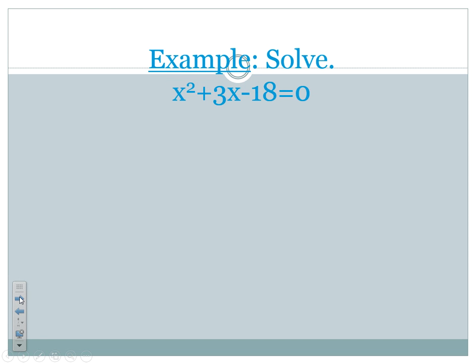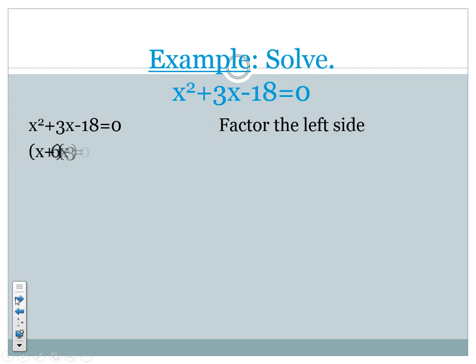So let's look at this first example. x squared plus 3x minus 18 equals 0 is a quadratic equation. Based on our steps, the first thing that we want to do is factor the left side. So when we factor that, we get x plus 6 times x minus 3 equals 0. And remember our factoring patterns.